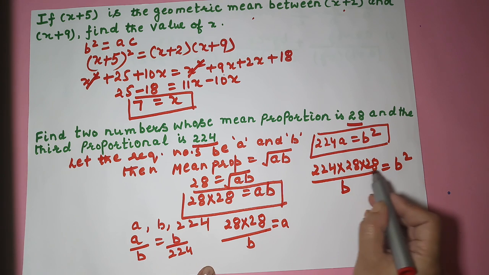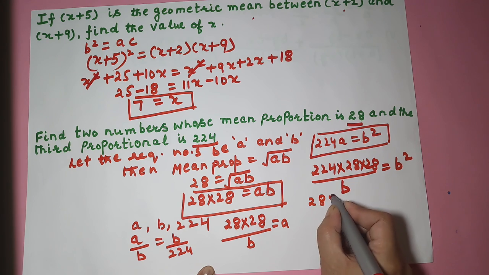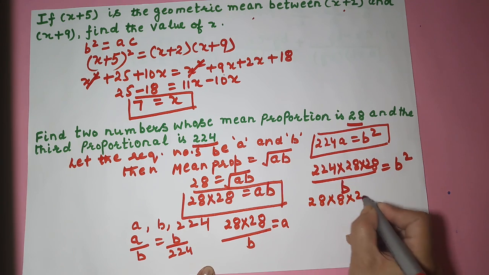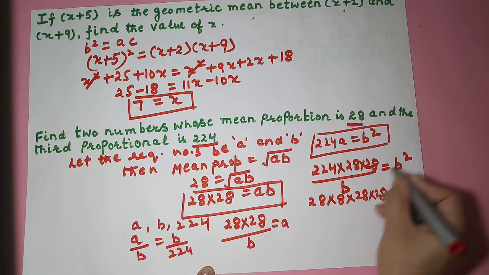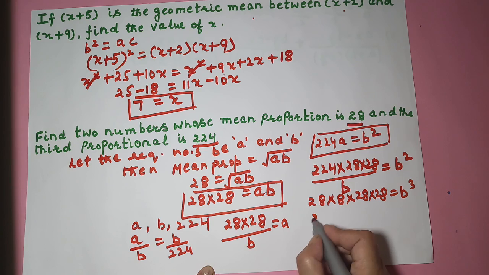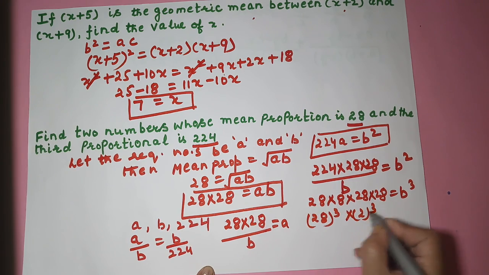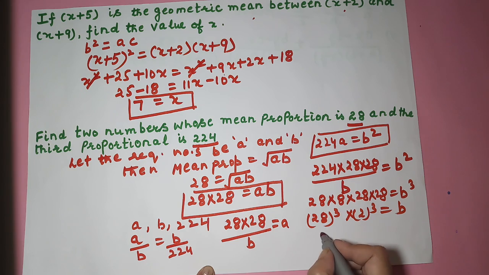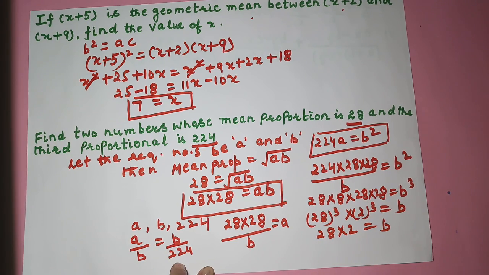Yes, 28 eights are 224. So, 28 into 8 into 28 into 28 is equal to b cube. So, I got 28 cube into 2 cube equal to b cube. So, 28 into 2 is my b.